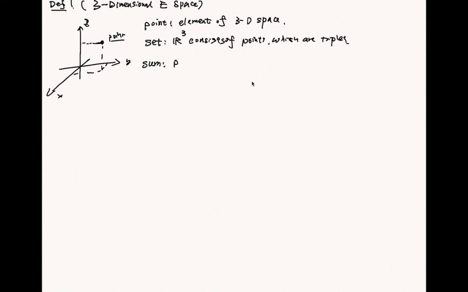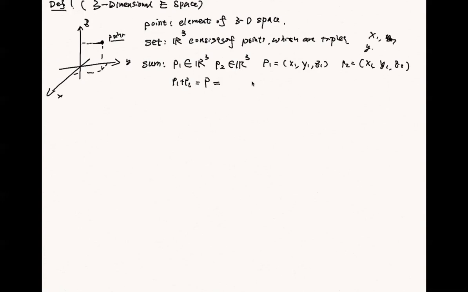So if point one belongs to R3, Euclidean space, and point two also belongs to R3, they can be added up together and be a point P. The operation rule is like this: if point one is written as x1, y1, z1, and point two as x2, y2, z2, where x1, x2, y1, y2, z1, z2 all belong to R, the real numbers, then because we know what a real number is, we can base the operation on real numbers to define the operation on three-dimensional Euclidean space.